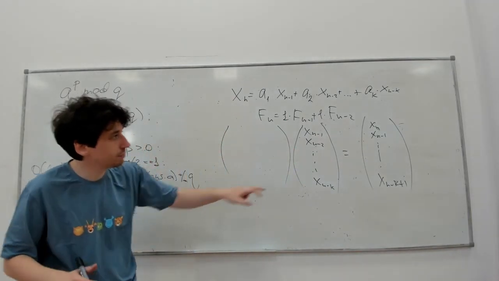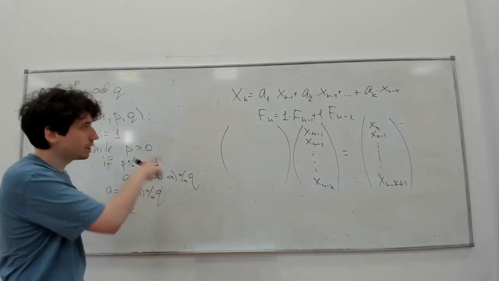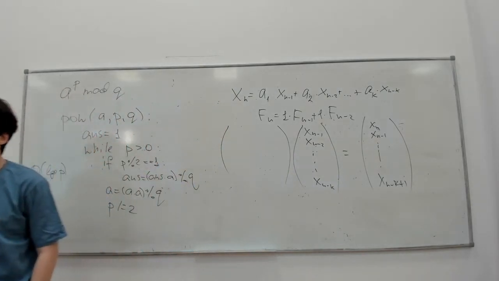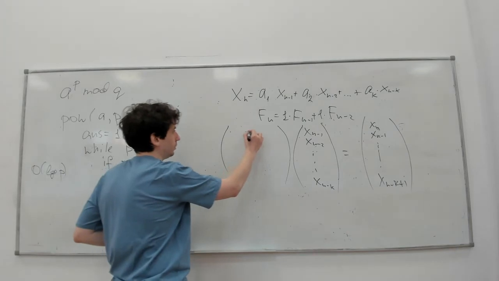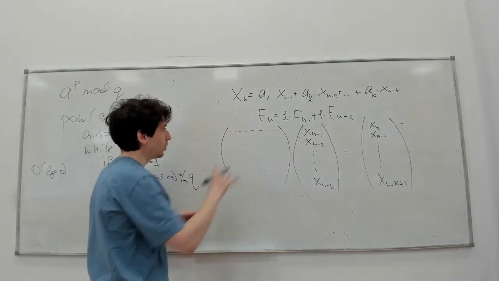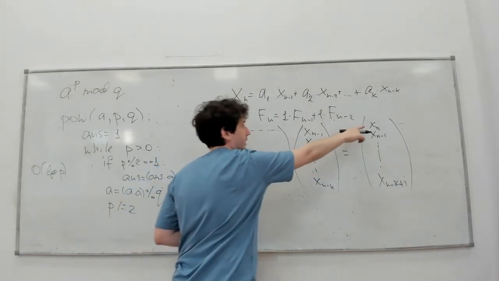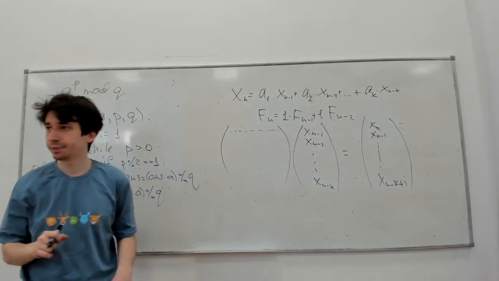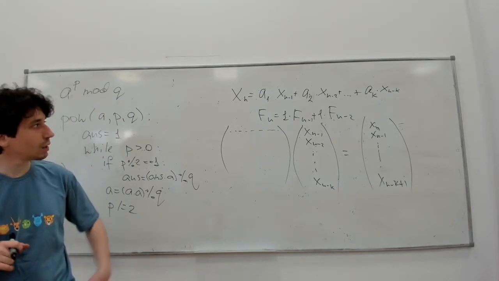Like, we shift it a little bit by x n. So can you tell me what this matrix should be? How does it look? So we have this line here, and we want to multiply this line by this vector and get x n. And you have this relation.